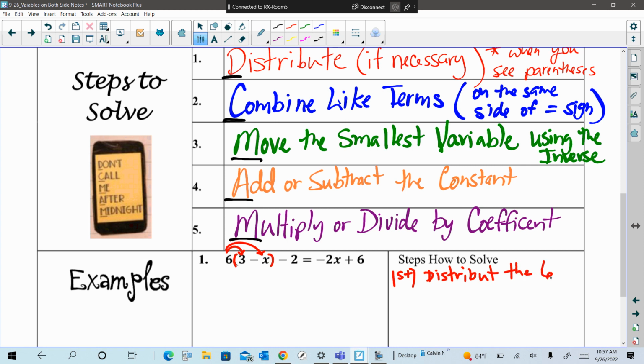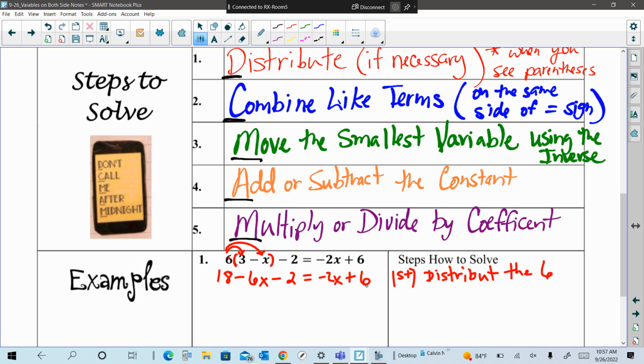When we do that, we're going to show what that simplified answer is going to be. This would be 6 times 3, so that would be 18, then minus 6x, then minus 2 equals negative 2x plus 6. I'm showing the result of the first step.